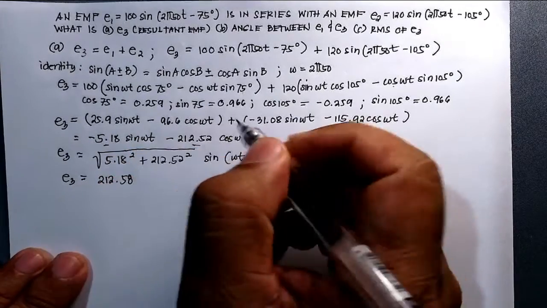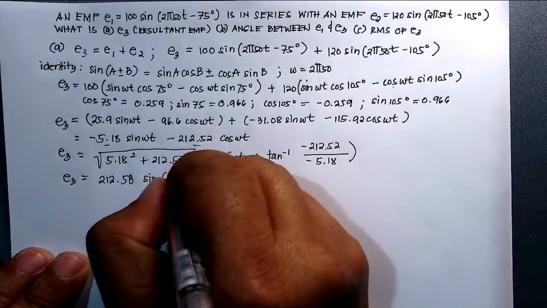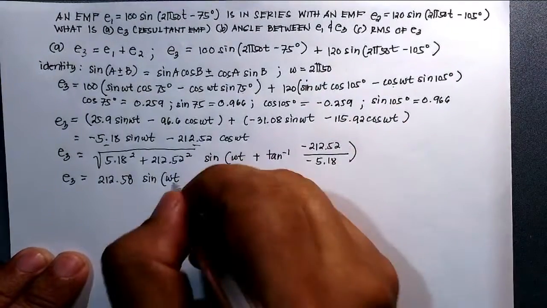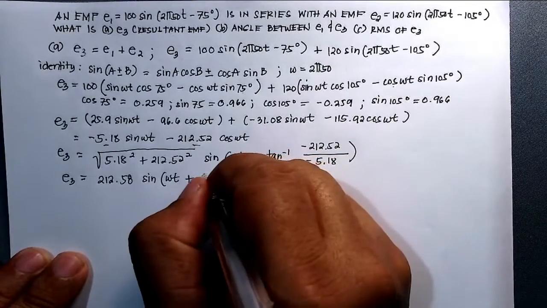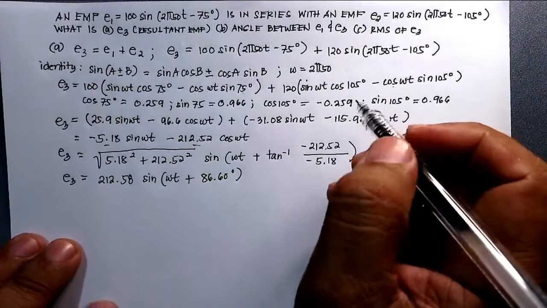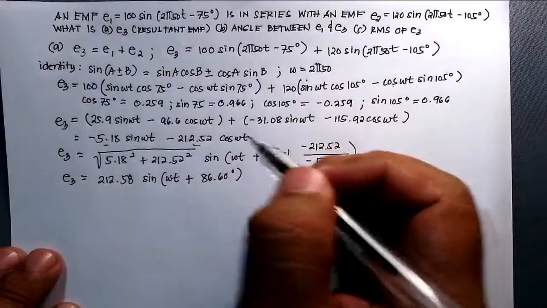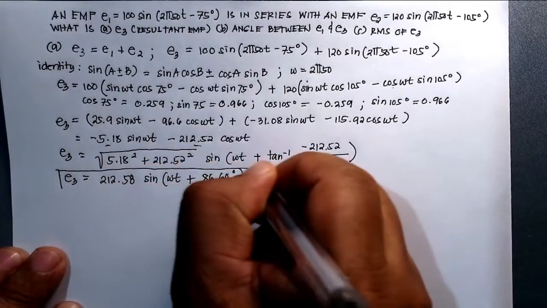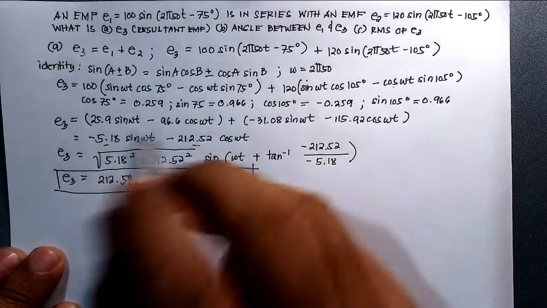And you copy sine omega t, where omega is again 2 pi 50, plus the inverse tangent of this one; the calculator gives you 86.60 degrees. So this will be the resultant electromotive force, expressed in t. This will be your answer for letter A.